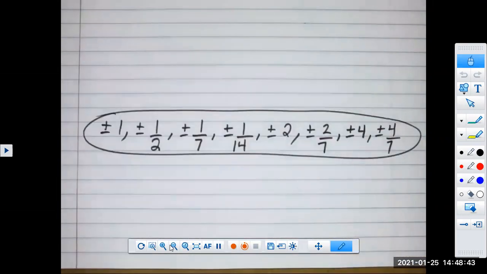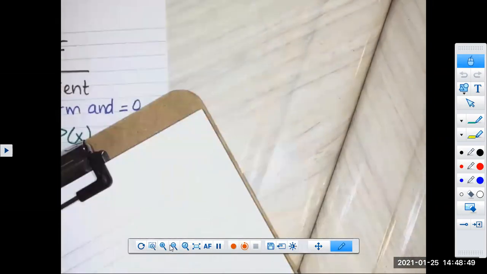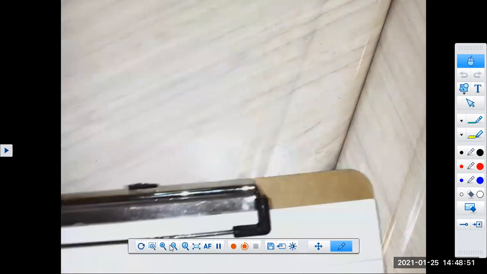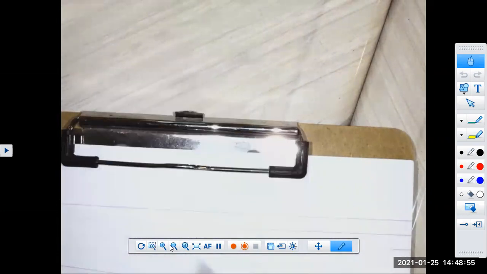Work on your 5-5 math Excel. Yeah, go ahead.